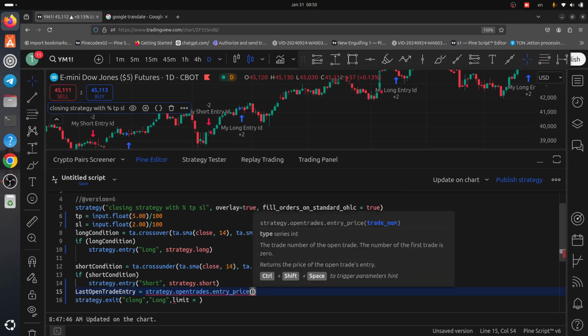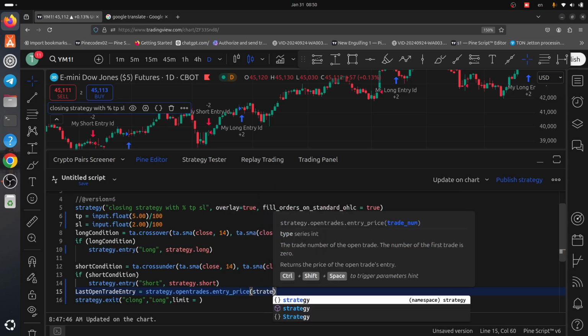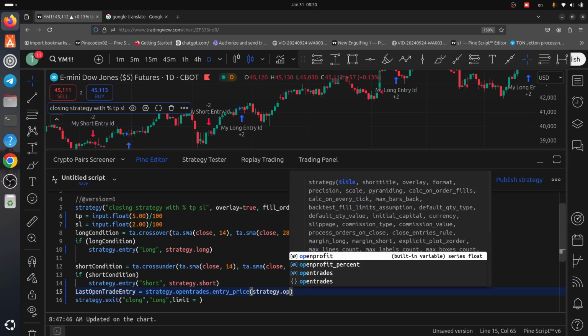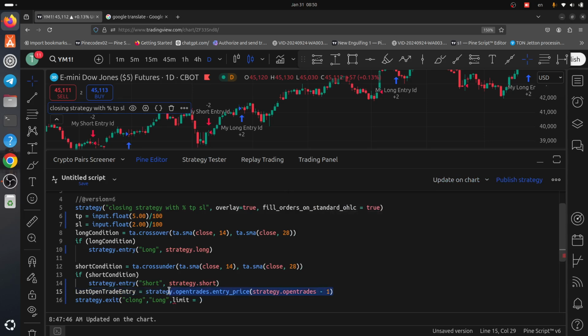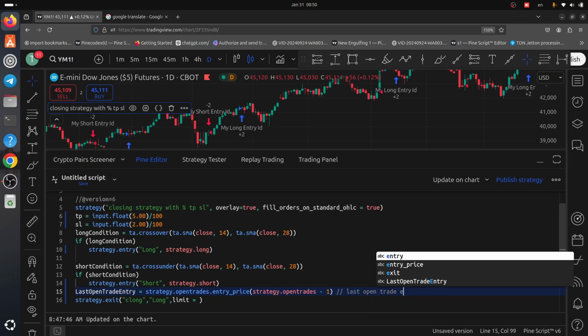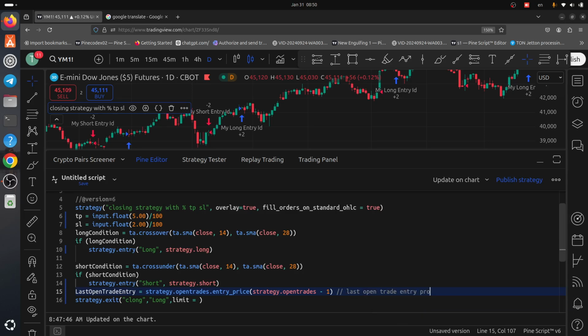To get the last one, we write again strategy.open_trades minus 1. Okay, it gives us the last open trade's entry price. So for example here it gives us this entry price.